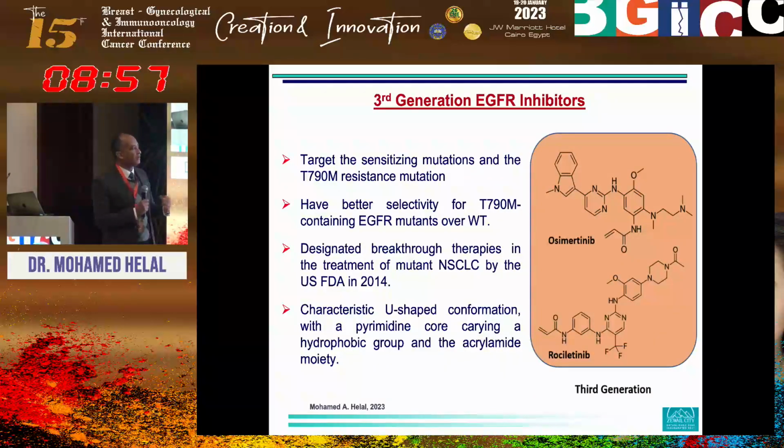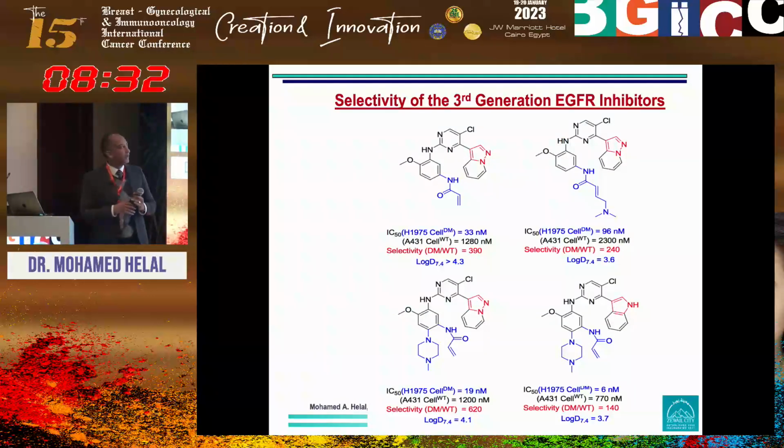It's very similar and uses the same strategy as the second generation EGFR inhibitors, but now we have a slightly more compact shape and size of the inhibitor, and this inhibitor can adopt a U-shaped conformation, avoiding the steric clashes with methionine 790 and actually making favorable hydrophobic contacts with it. Actually, this conformation is natural to the bioactive conformation of the ligands.